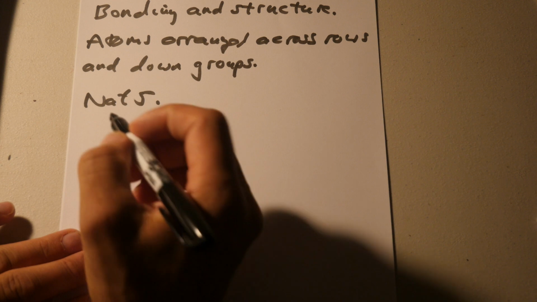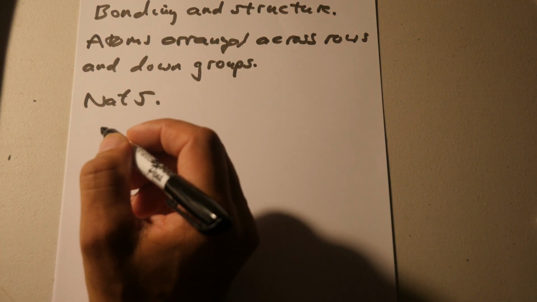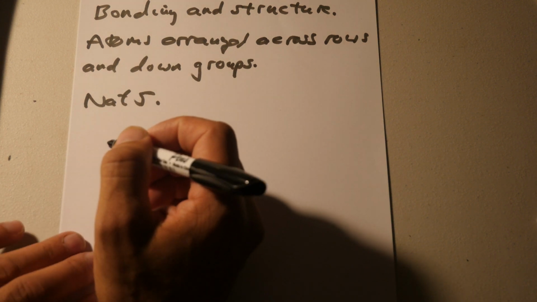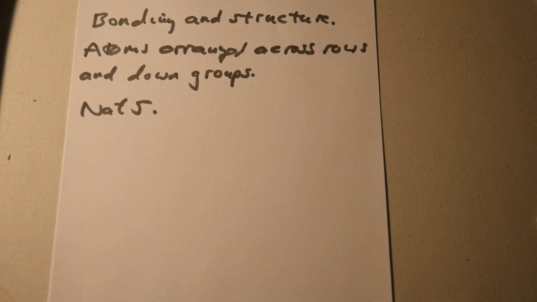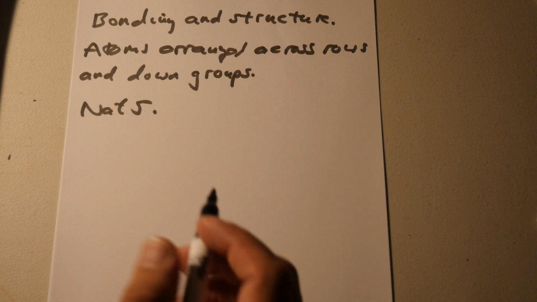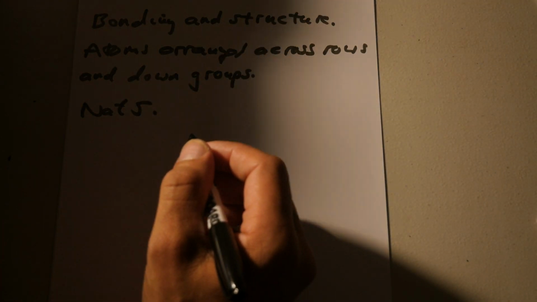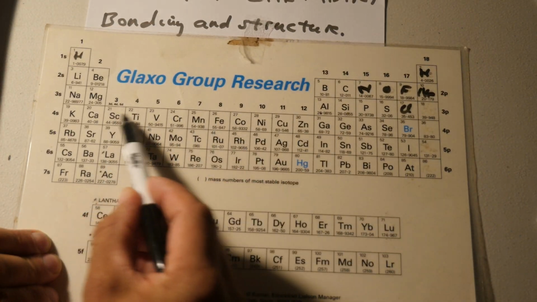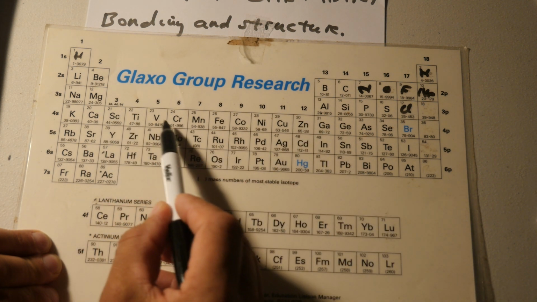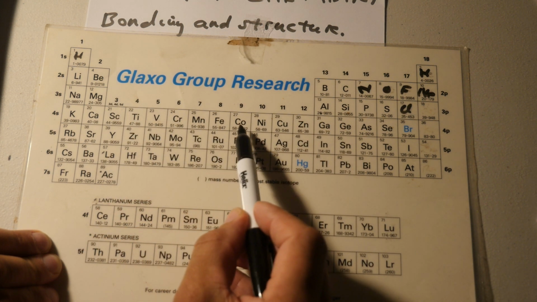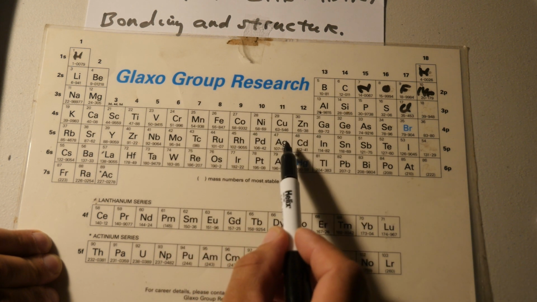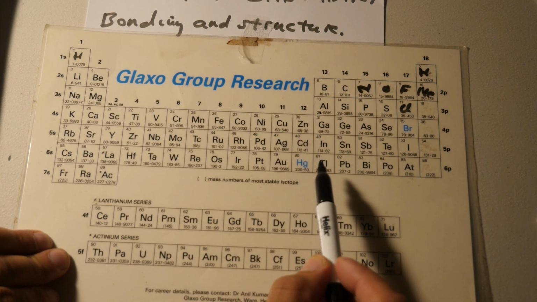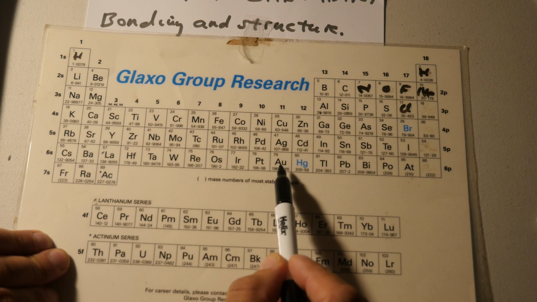So to start basic bonding theory, I will start first of all by looking at these elements here, which are the metals, things like titanium, chromium, manganese, iron, cobalt, nickel, gold, mercury.